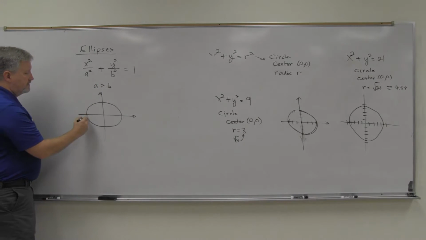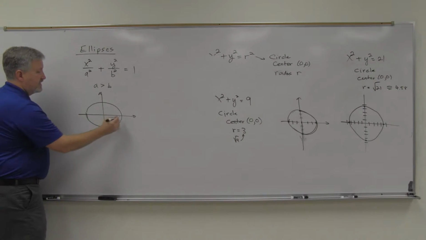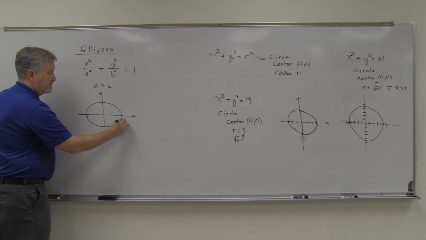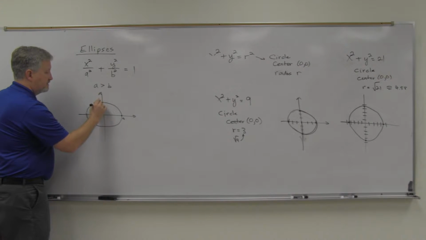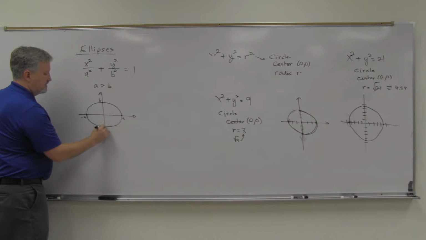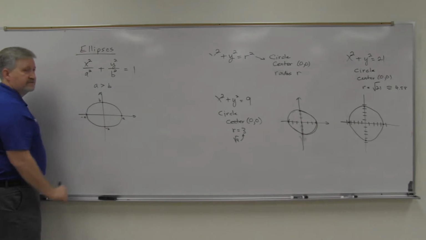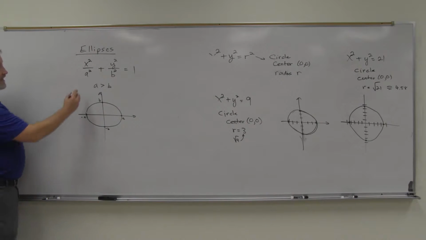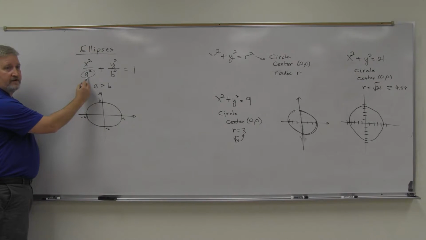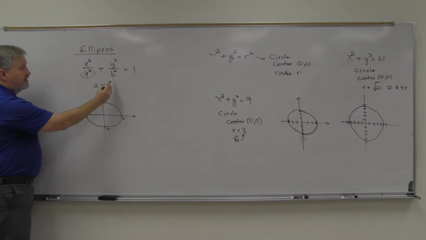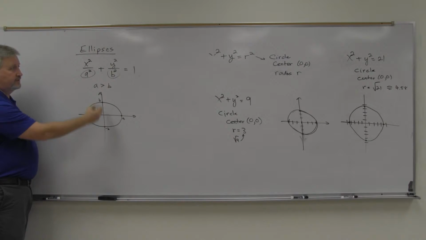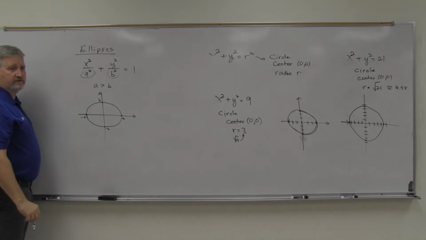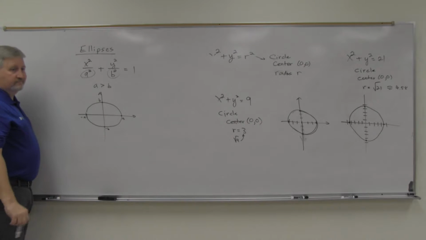Now the way we're going to graph this ellipse is this one's a, and this one's b, and this one's negative a, and this one's negative b. Those are the x and y intercepts. A is the square root of the a squared here, and b is the square root of what's under the y squared. That's basically how we're going to do it.